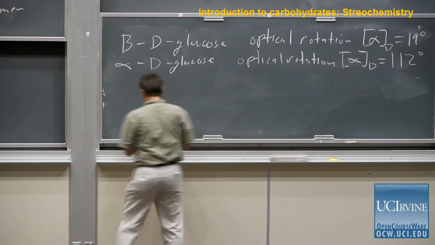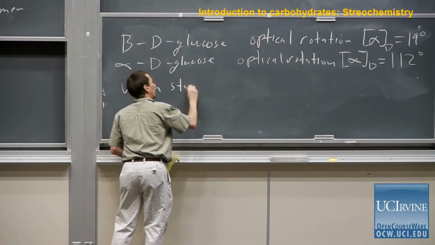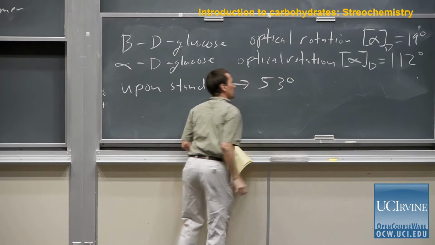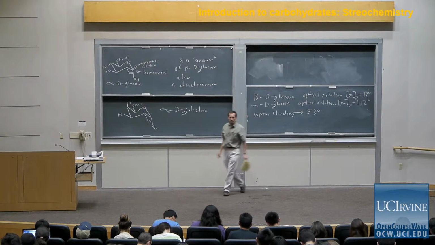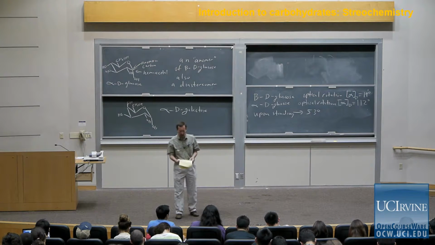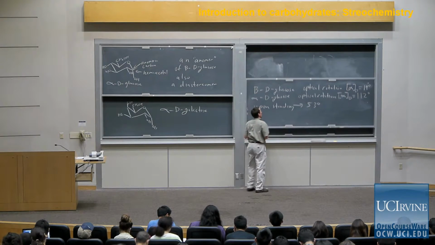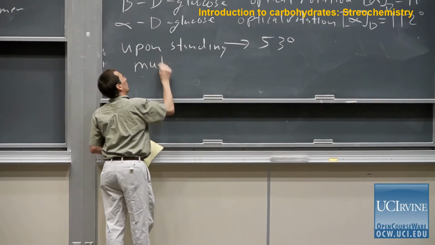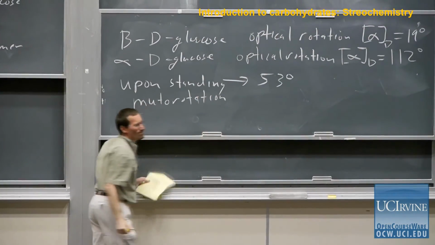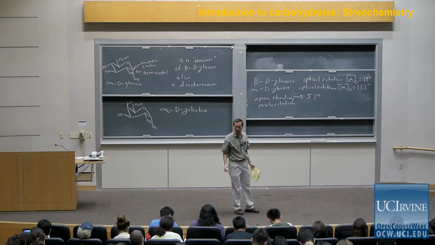Upon standing, both of these end up going to 53 degrees specific rotation, because the two anomers are interconverting. We call this process mutarotation. Muta is change, so basically that's a fancy way of saying changing rotation.